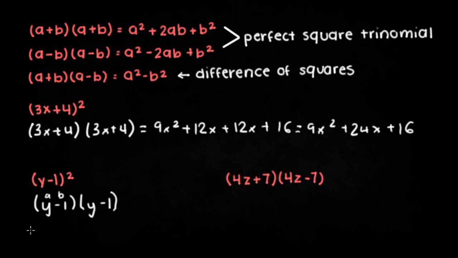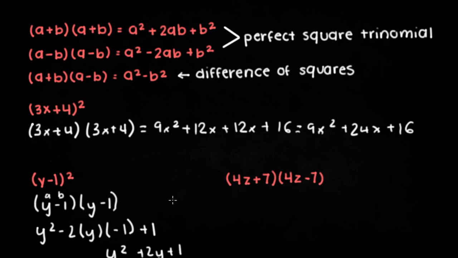This says that it should be y squared minus 2 times a, which is y, and then b, which is negative 1, plus b squared, which would be negative 1 squared, which is 1. We can simplify this further to get y squared plus 2y plus 1 as our final answer.